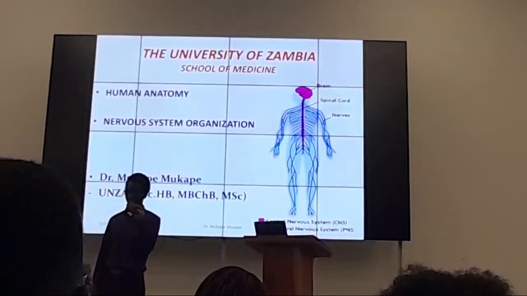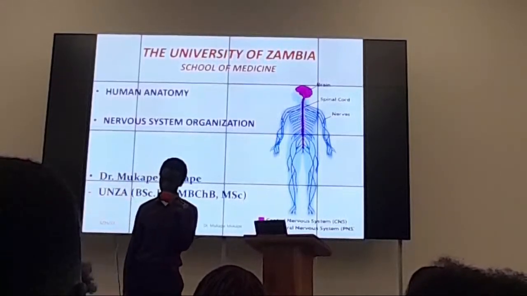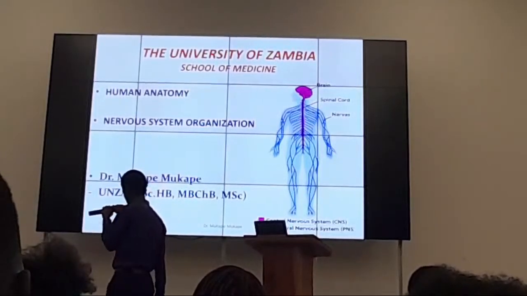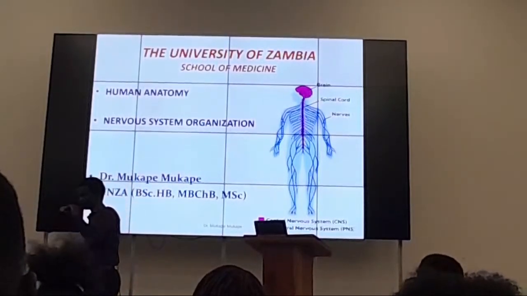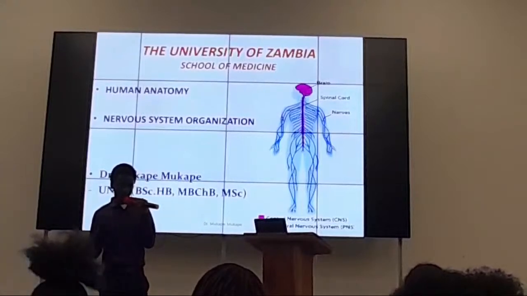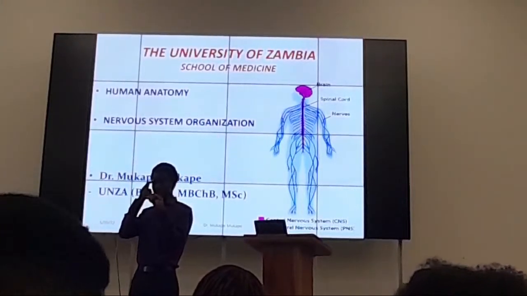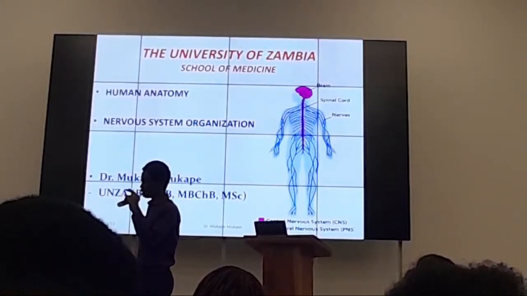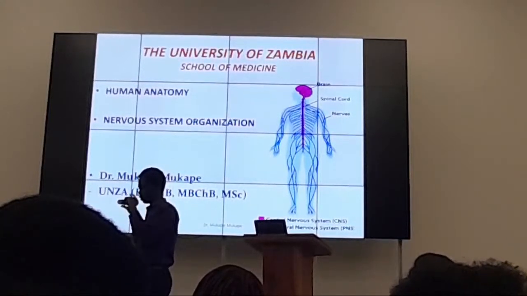We look at the next way of classifying this nervous system, which is the physiological way. How can we classify physiologically? Now, specifically the peripheral nervous system.